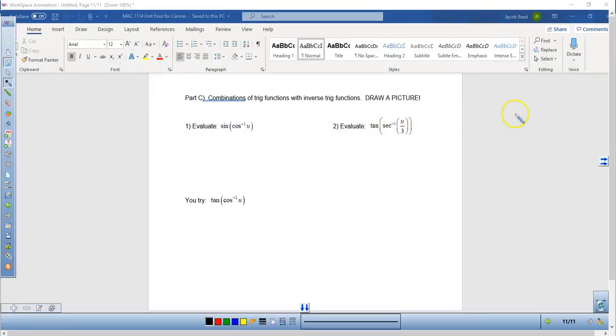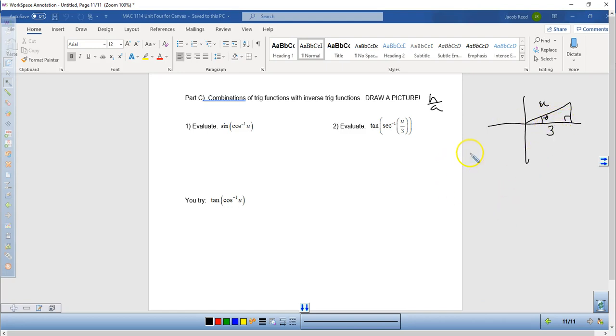Number 2, same thing. We're going to draw a picture. We'll still be talking about first quadrant. Here's our theta. Now we're talking about secant inverse of u over 3. Well, secant is hypotenuse over the adjacent. So hypotenuse is u this time, and the adjacent is the number 3.